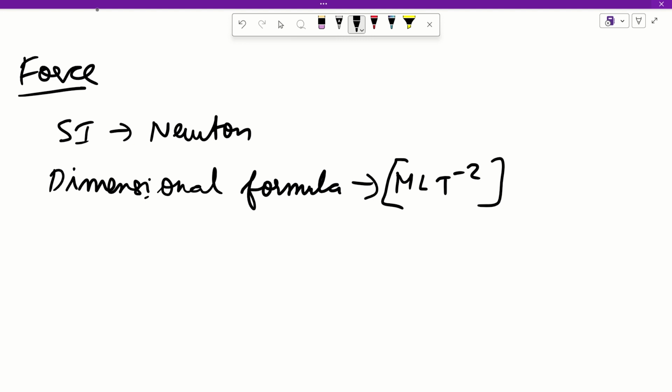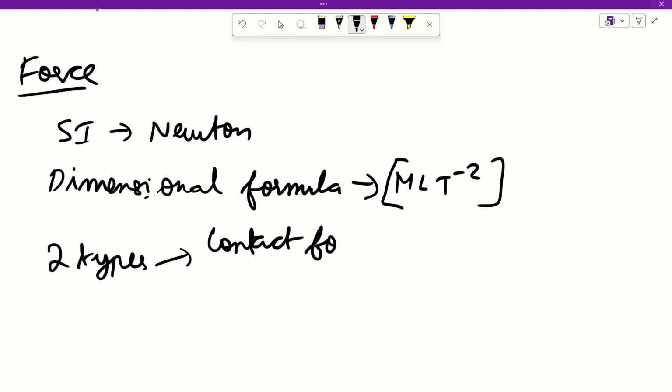Force can be categorized into two types. First is contact forces. Examples of contact forces are frictional force, tensional force, spring force, normal force.